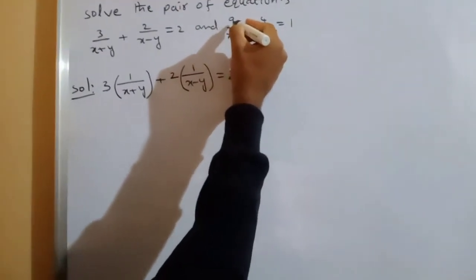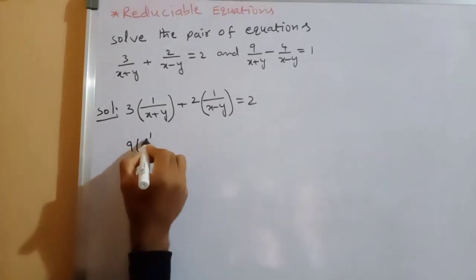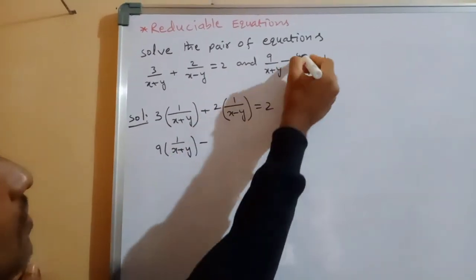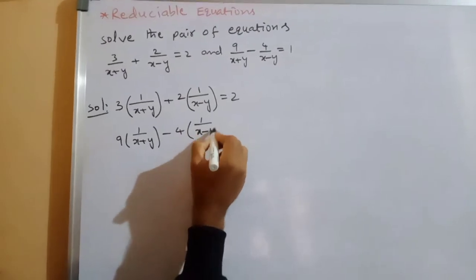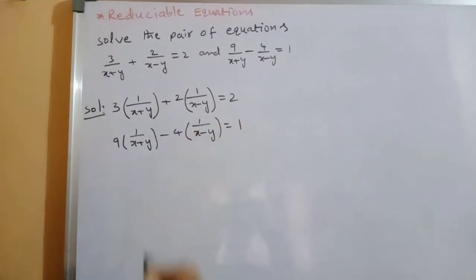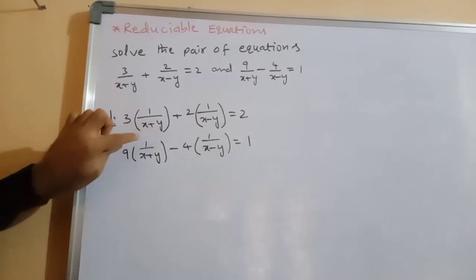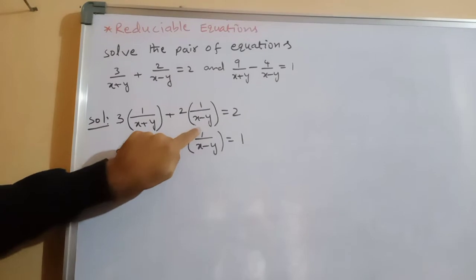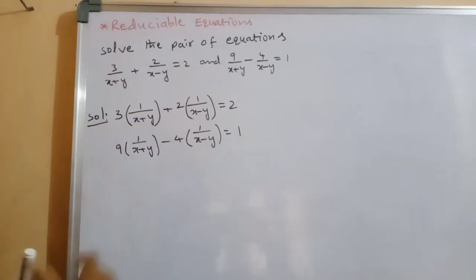Next, take 9 as a common factor: 9 into 1 by x plus y, minus 4 into 1 by x minus y, equal to 1. Here you observe 1 by x plus y and 1 by x minus y repeating, so replace them.